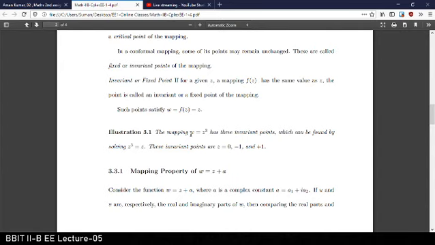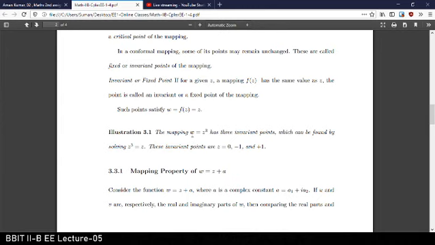When z is 0. So z equal to 0 is a critical point, because f dash z is 0 at the point z equal to 0. Now what are invariant points?